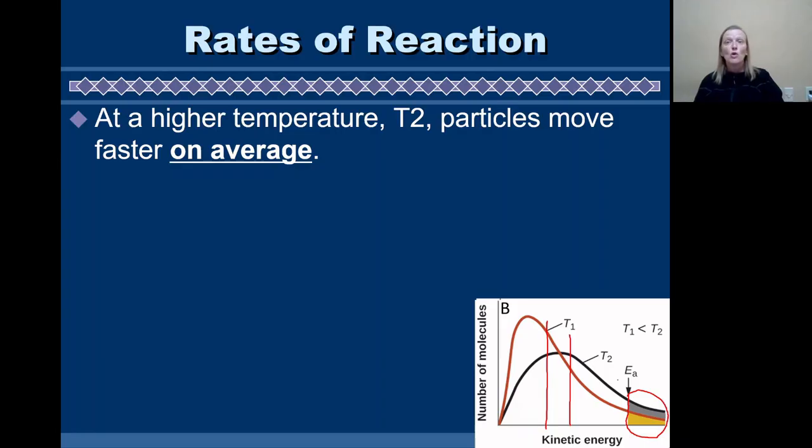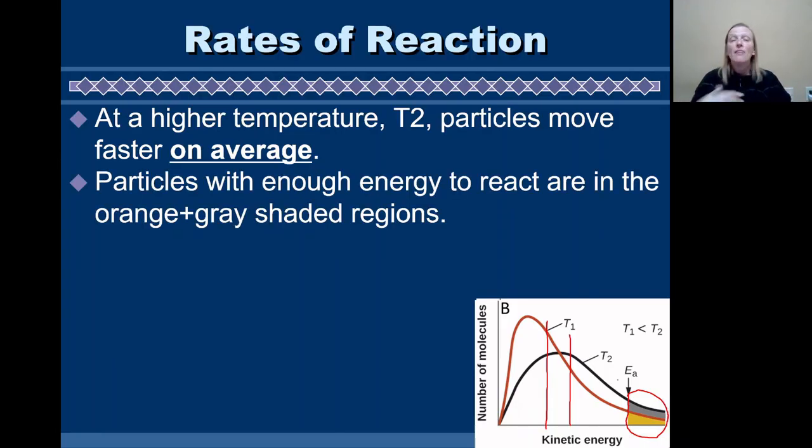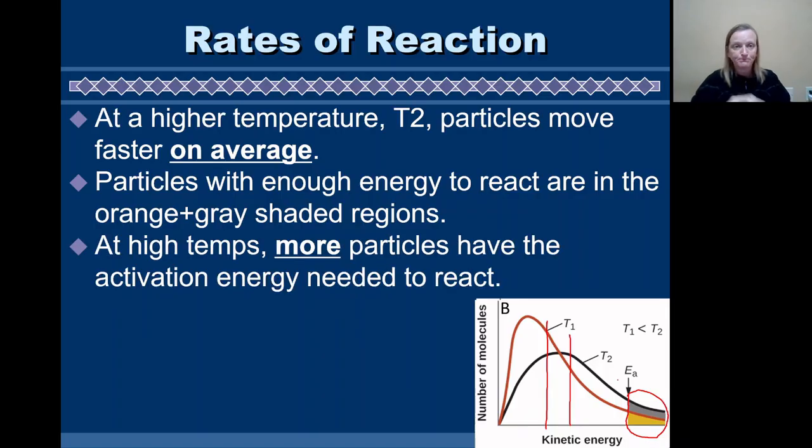At temperature 2, particles move faster on average, and therefore I have more particles moving with enough energy to react in that orange and gray shaded regions to the right. So at high temperatures, more particles have the activation energy needed in order to react.